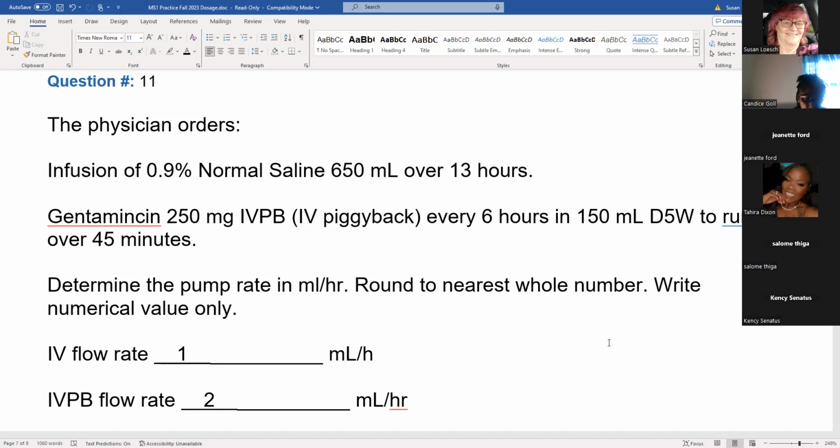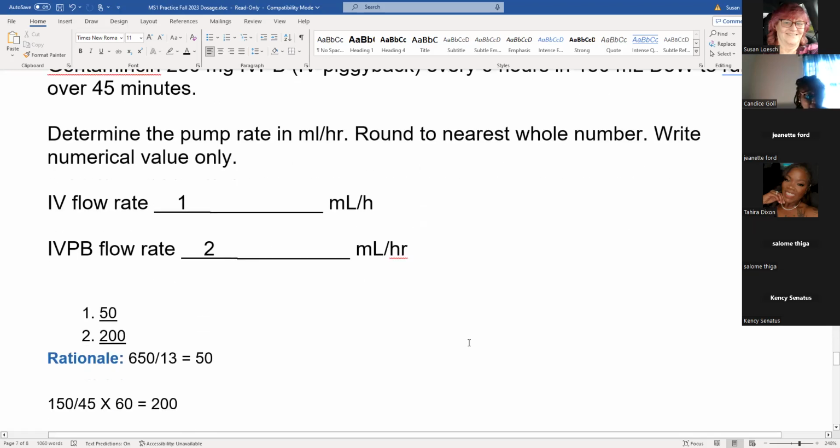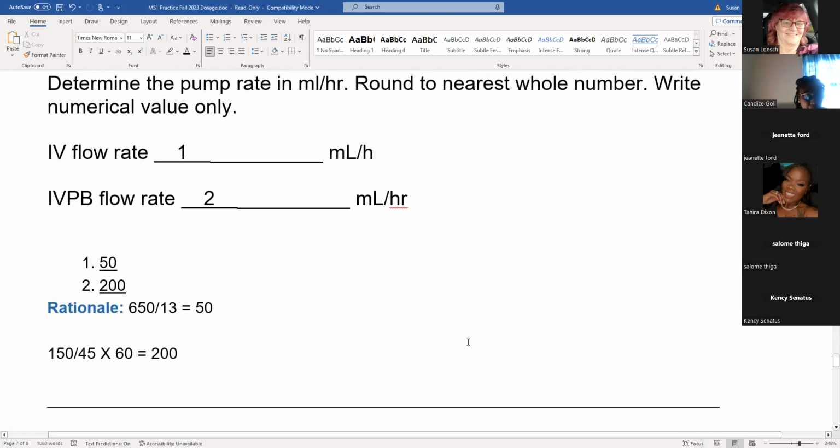Did you use the 250? Oh, sorry, I used the wrong number. Okay, make sure that it has mLs next to it. So everybody else got 50 and 200? Yes, 50 and 200. Okay, that was right.